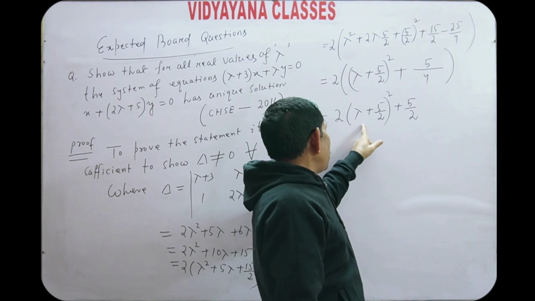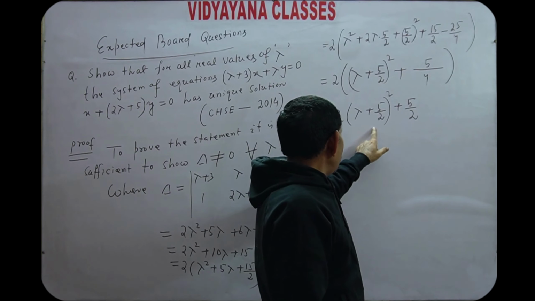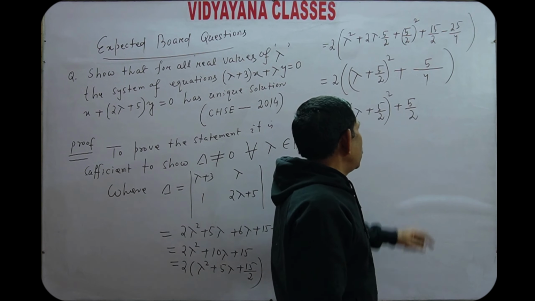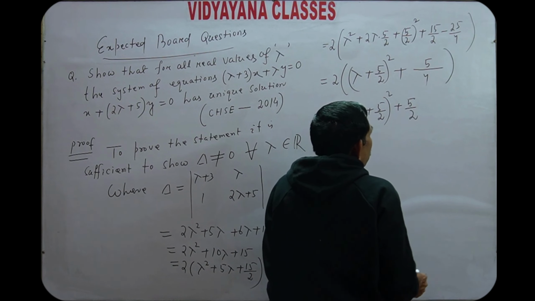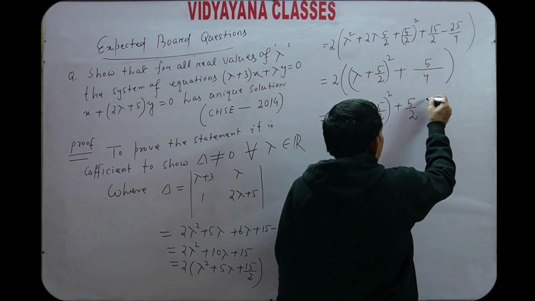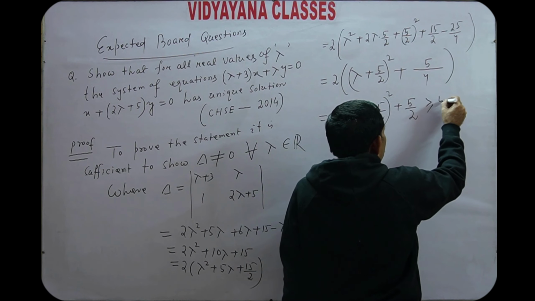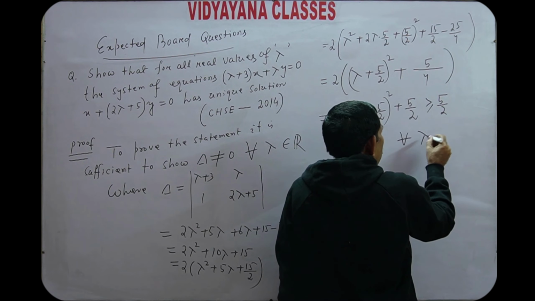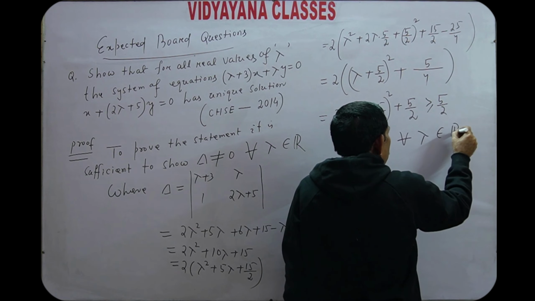At lambda is equal to minus 5 by 2, the result is 5 by 2. So the minimum value of this is 5 by 2. Otherwise it is greater than 5 by 2. So greater than equal to 5 by 2 for all lambda belongs to capital R.